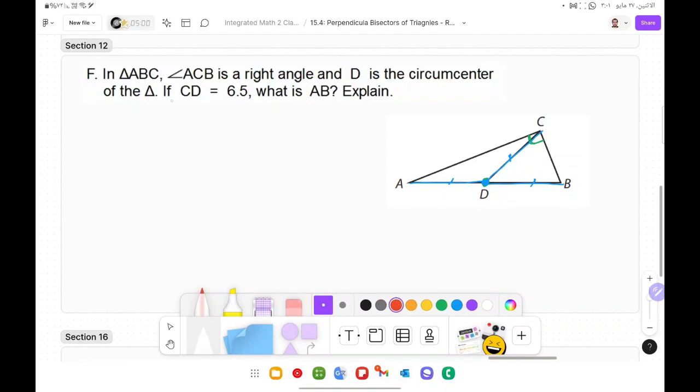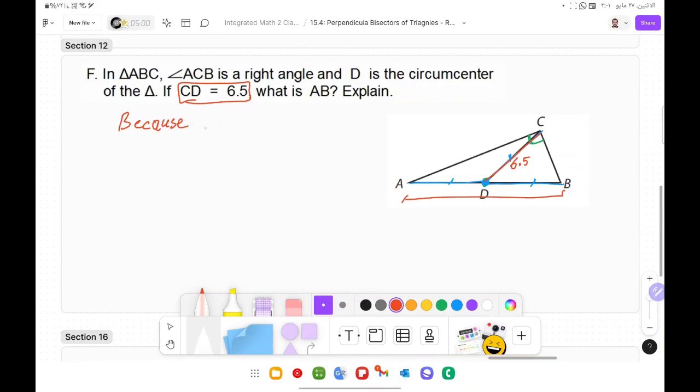Now if CD is equal to 6.5, where is CD? This one here is equal to 6.5. What is AB? He needs the total length. This is an easy question.